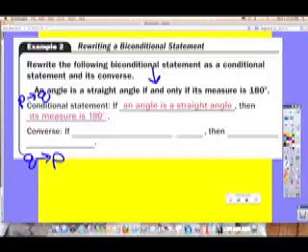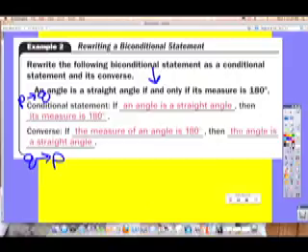So we start with the last, end with the first. Then the angle is a straight angle. Because this is really similar to your assignment. Your assignment will give you a biconditional. You have to rearrange it to a conditional and then do the converse from a conditional.